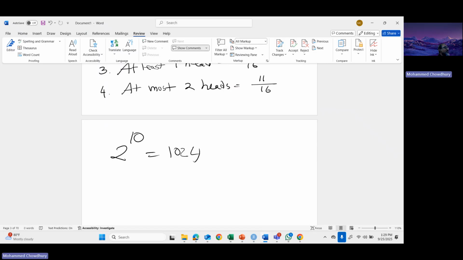How can you compute this probability? If I toss the coin 10 times, the sample space will have 1024 sample points. At least 5 head, at most 3 head, exactly 3 head. How can you compute this?